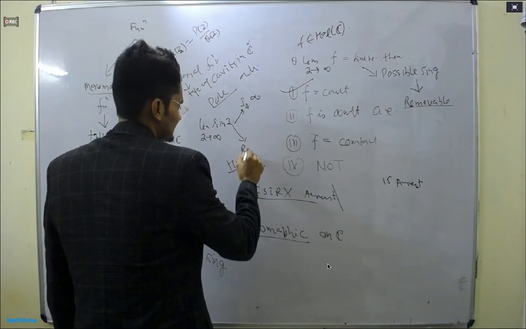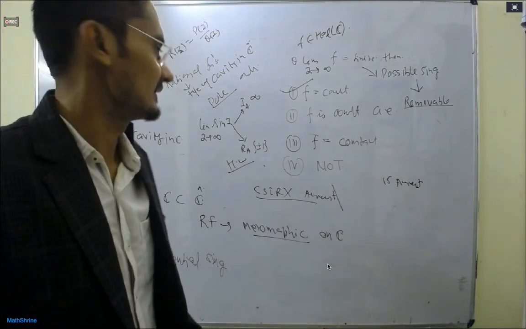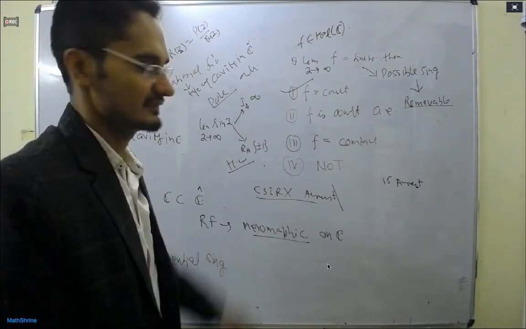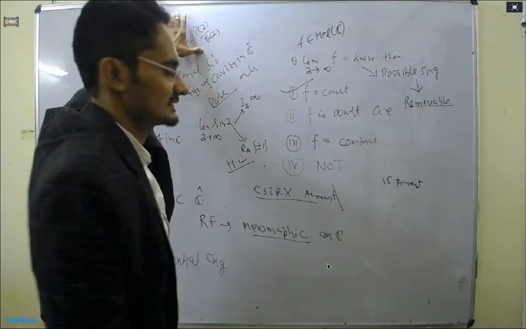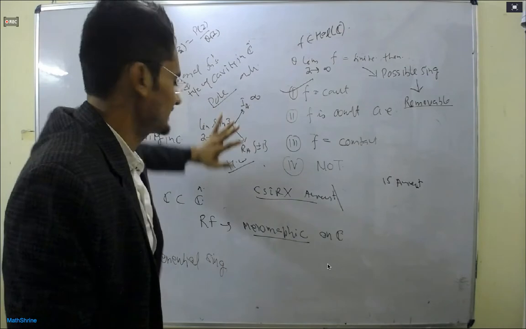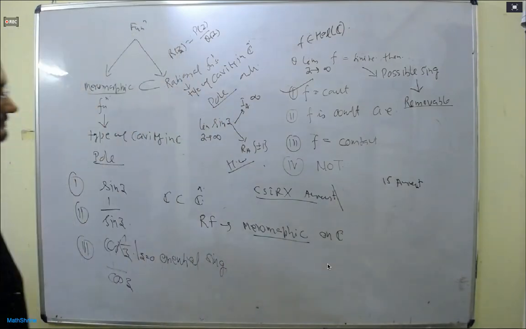The limit does not exist. That's why this is not a rational function. Alright, anyway, we have seen properly what the zeros are, what the period is, and under what condition it will go.